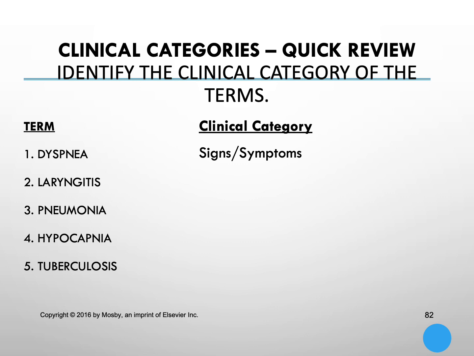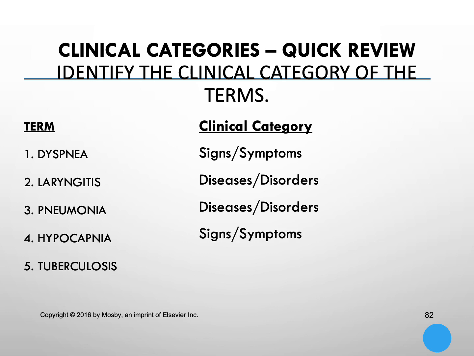What clinical category does laryngitis fall into? That one falls into the category of diseases and disorders. What about pneumonia? Well, pneumonia is also categorized as a disease / disorder. What about hypocapnia? Hypocapnia is a sign / symptom.